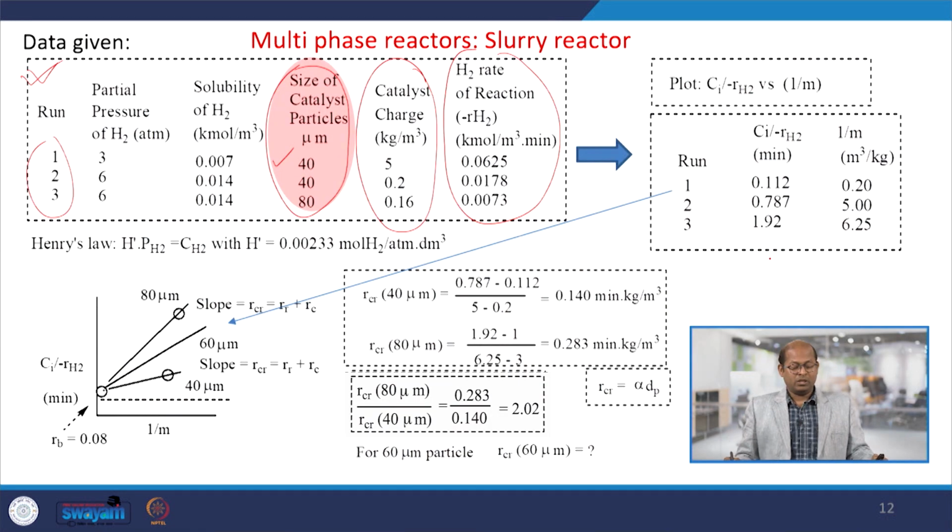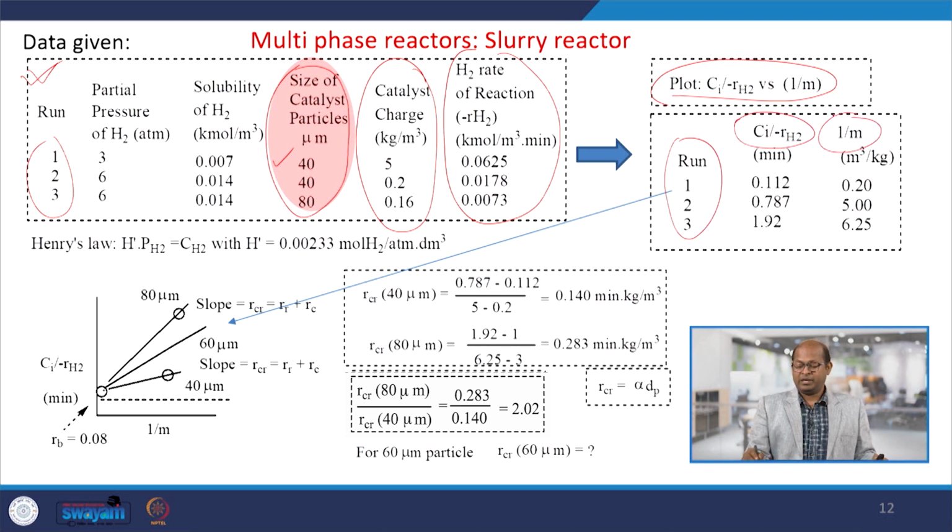Now from these tables, similarly, we can plot Ci by minus r H2 versus 1 by m. We can run this for 40 and 80 micron particles, get these values, and plot them as we did before.